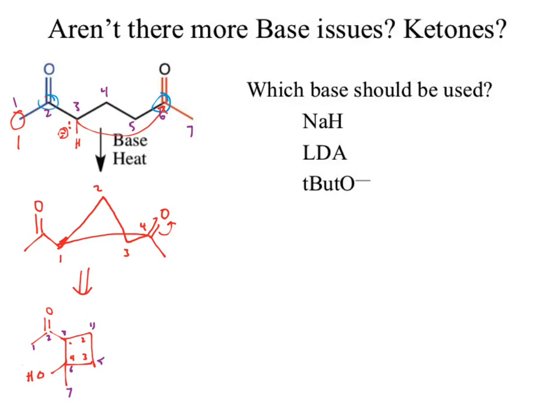Now what could happen? Or actually, let's pause. Do we like that structure? No. Why not? There's a lot going on. I don't accept a lot going on. I will accept ring strain. To get a four-membered ring, you're really tightening down those edges. There's so much ring strain.